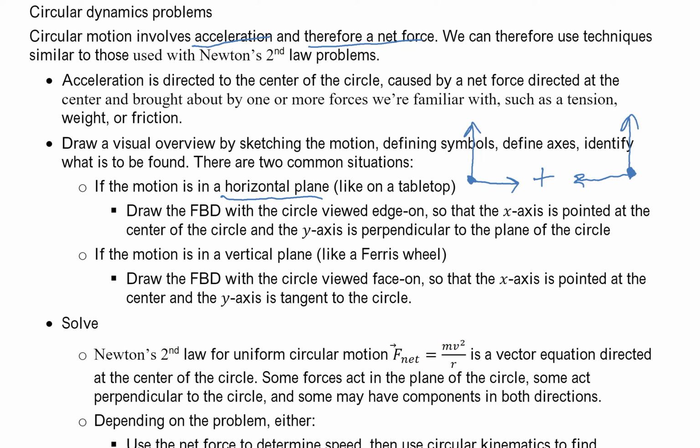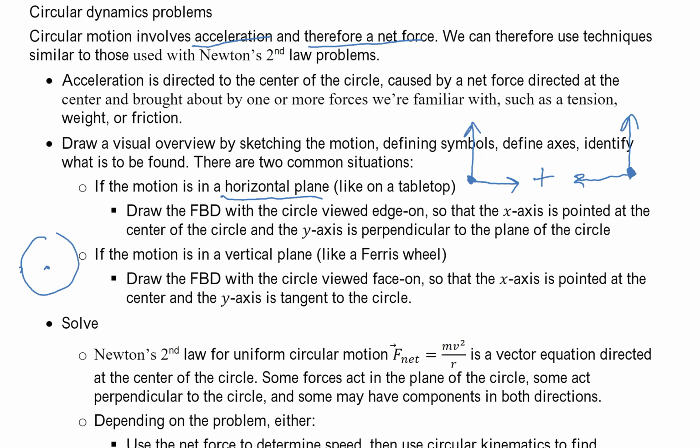If the motion is in a vertical plane, like a Ferris wheel, we will imagine we're looking straight at the Ferris wheel, directly at the circle. So draw the free body diagram with the circle viewed face on, like we're looking directly at the face of the Ferris wheel. Now the x-axis is going to be pointed at the center.